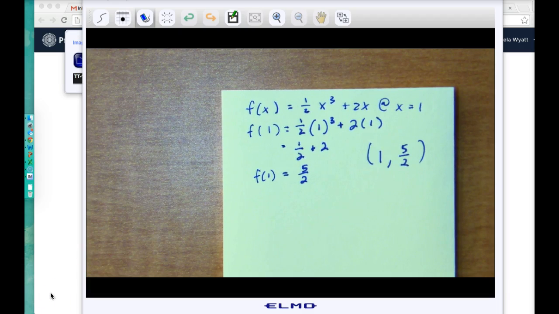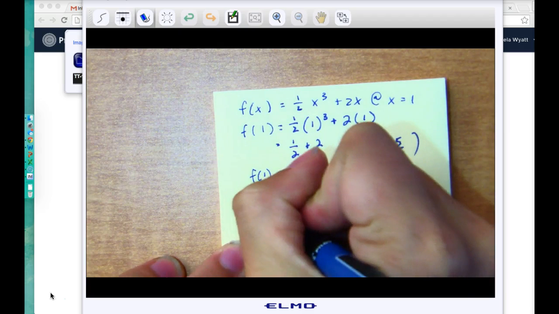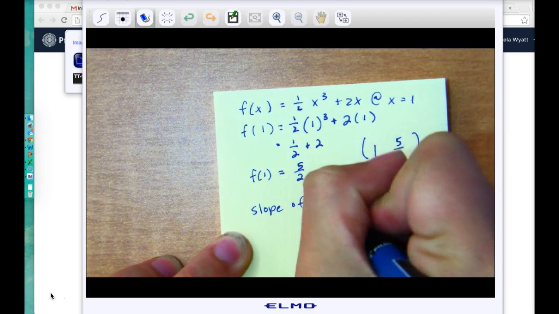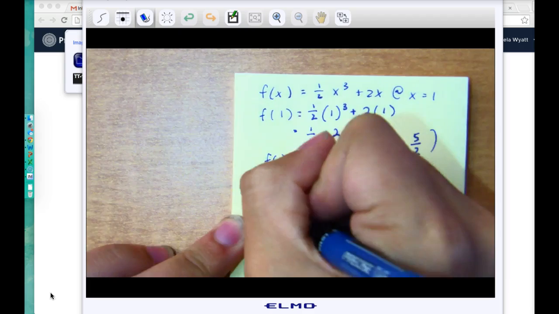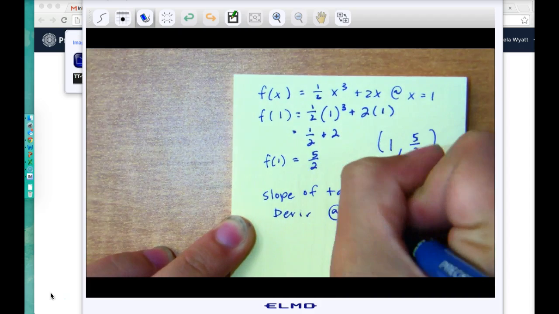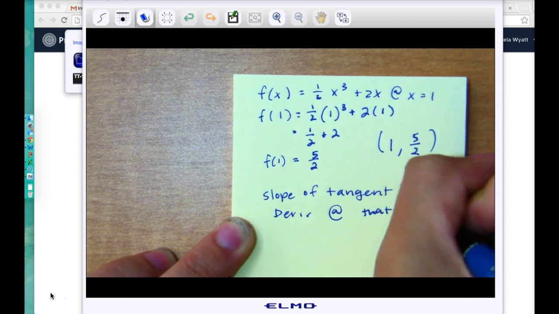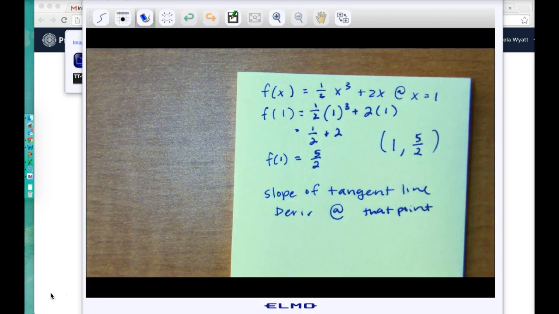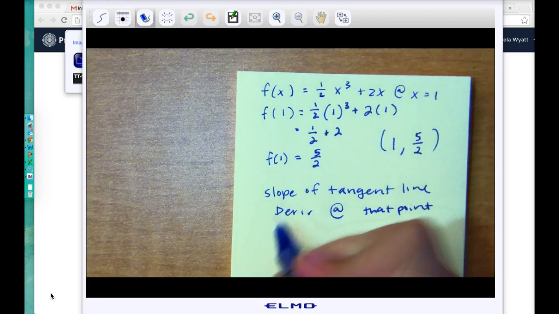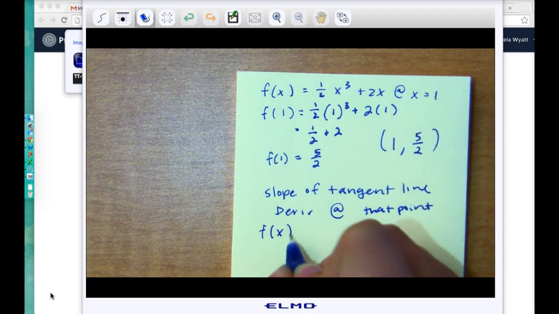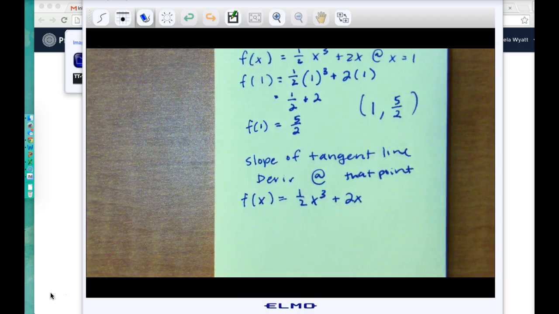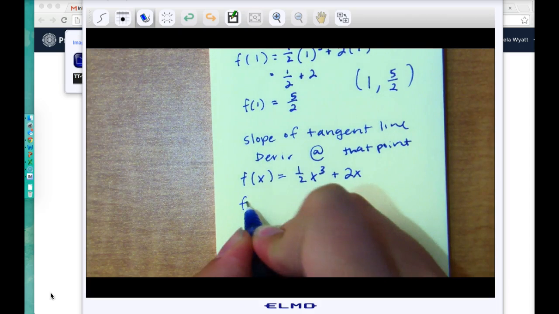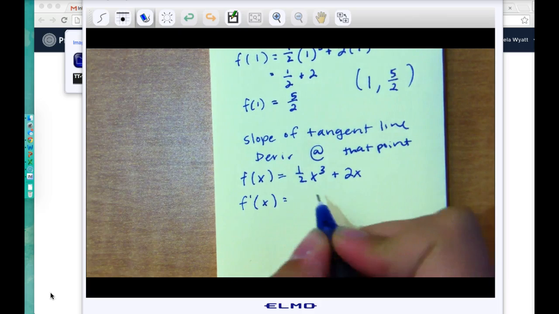Once I've gotten that point, I'm then going to find the slope of the tangent line, which is my derivative at that point. So the slope of my tangent line is the derivative at that point. So I'm going to take the derivative of the function f of x equals 1/2 x to the power of 3 plus 2x. So when I take f prime of x, I'm going to leave any multipliers out.